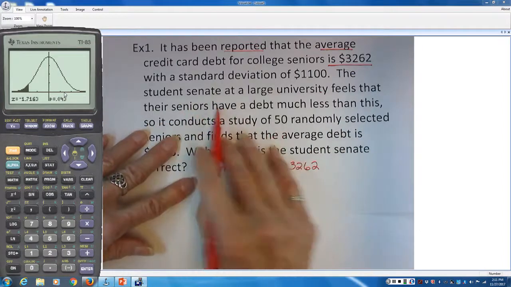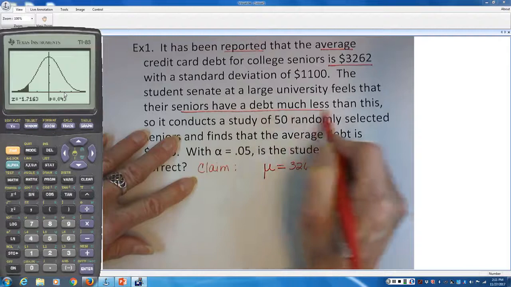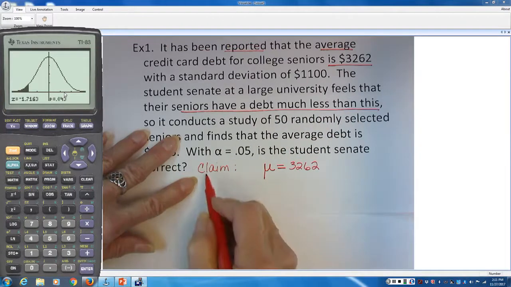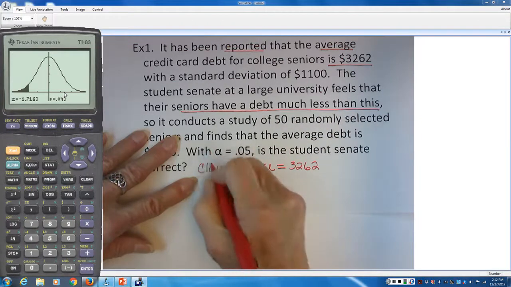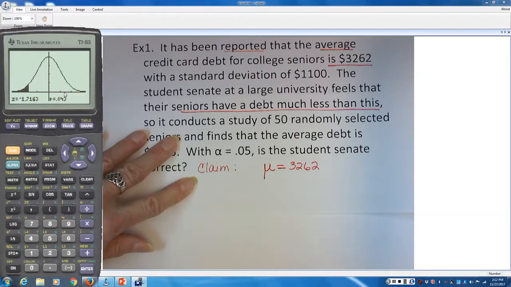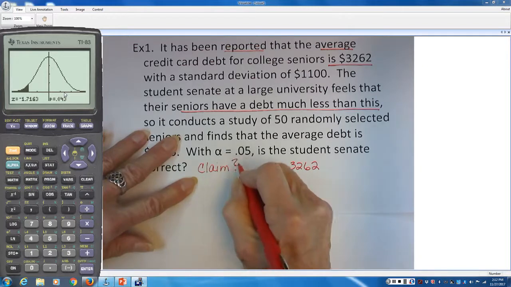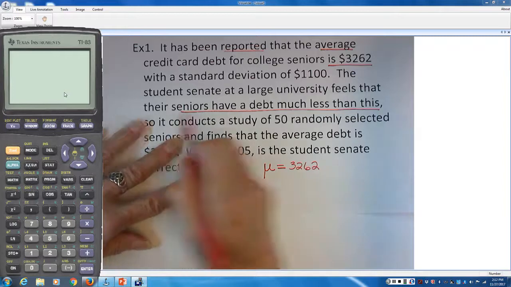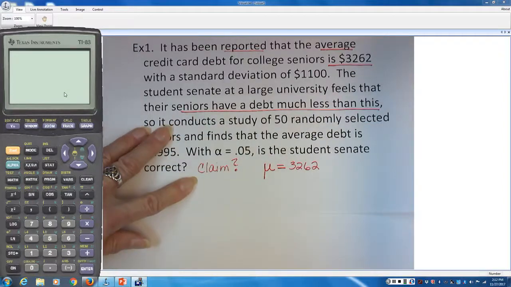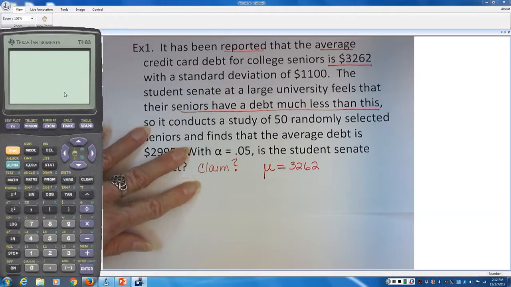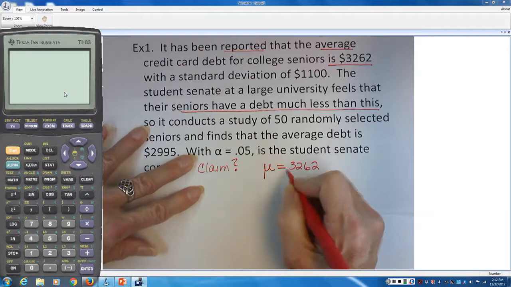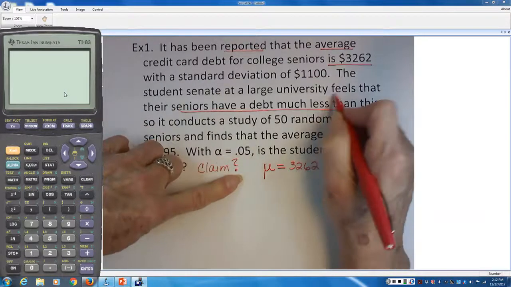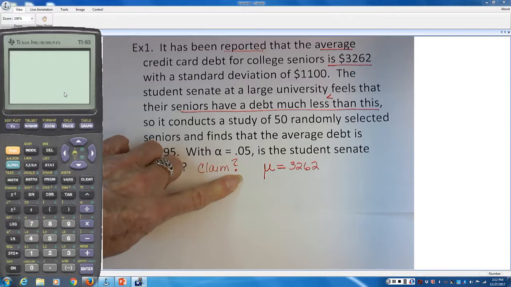Student Senate feels that their seniors have a debt much less than this. Now that's the claim that was made by somebody with a lot of information. So maybe that's not the claim we're investigating. It says they feel that their seniors, so they're going to test, okay? They want to test this idea, and their test says less than.